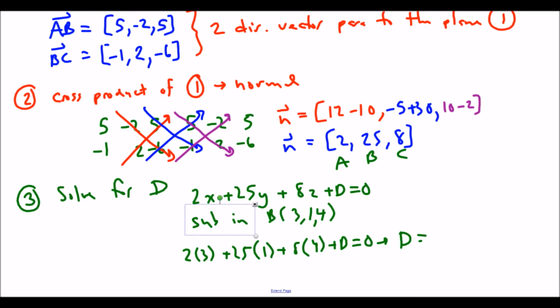If I solve this quickly, I'm going to get d is equal to negative 63. So what do I have here? I have my equation.